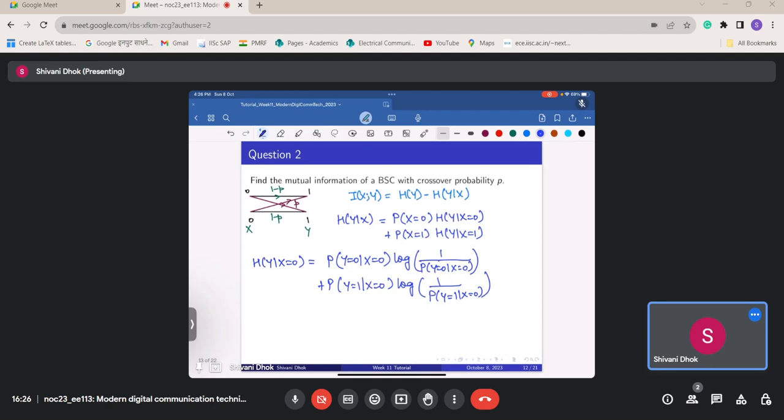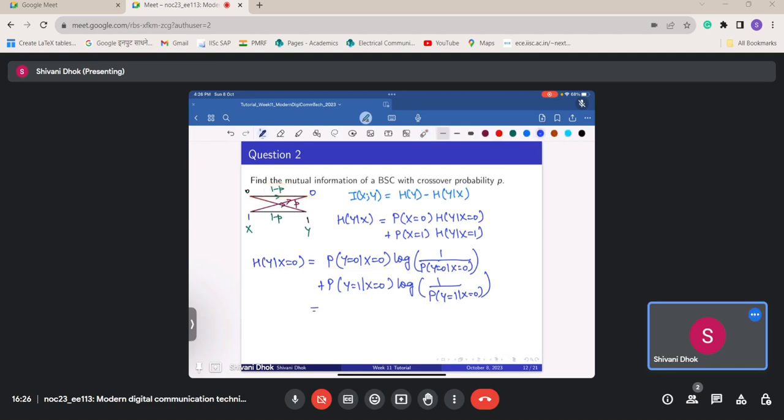Now this probability Y equal to 0 given X equal to 0 is 1 minus p.